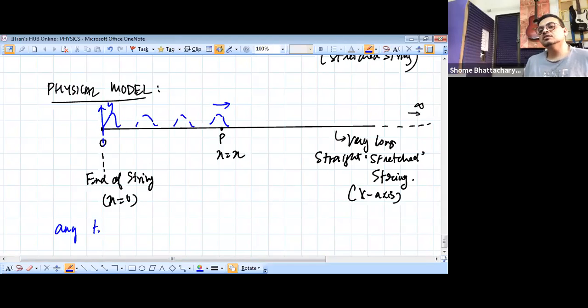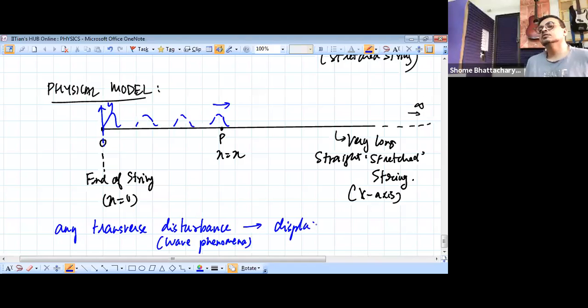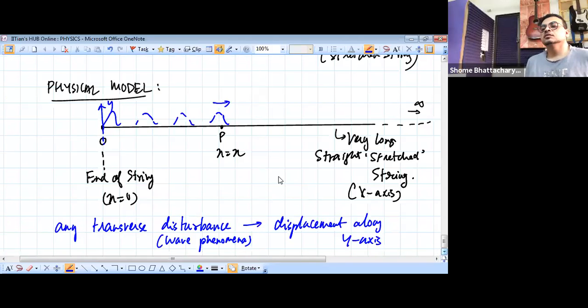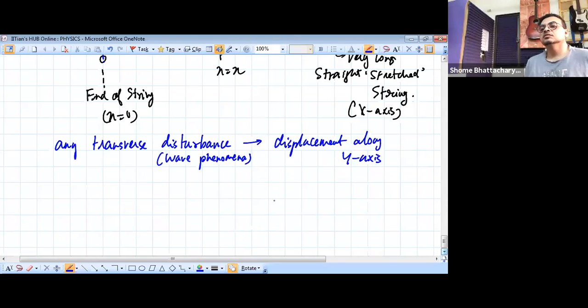So any transverse disturbance or wave phenomenon can be represented by a displacement along the y-axis, and this transverse displacement travels along the x-axis with time.